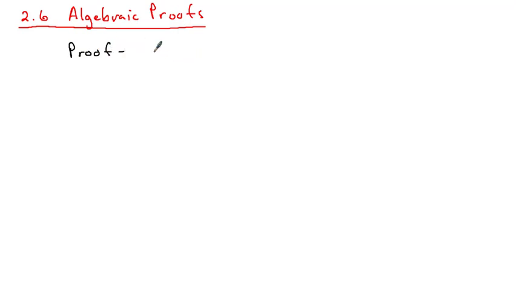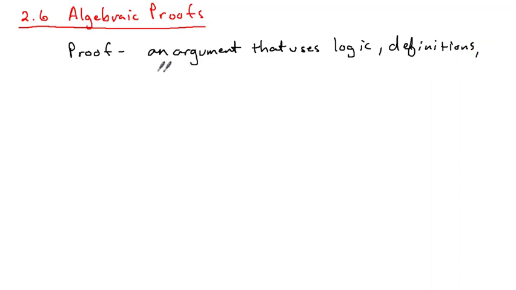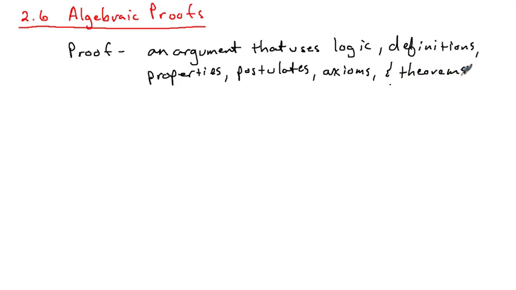So a proof is an argument that uses logic, definitions, properties, postulates, axioms, and theorems to show that a conclusion is true.